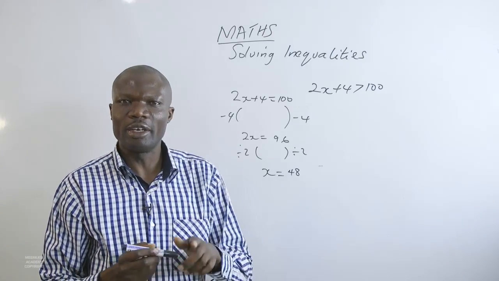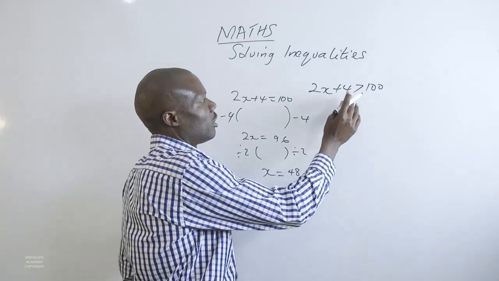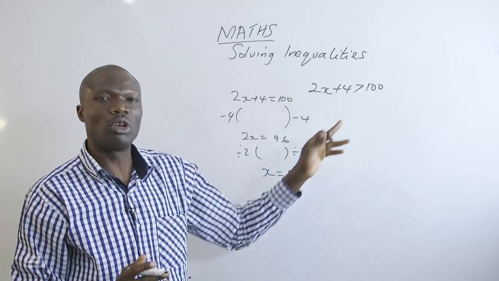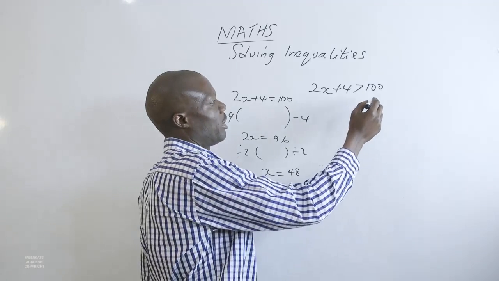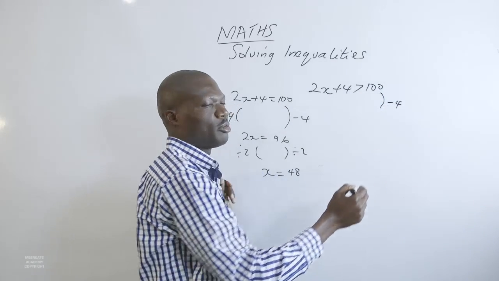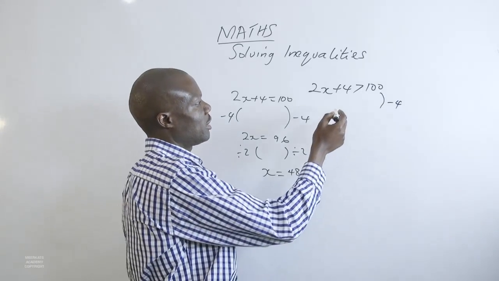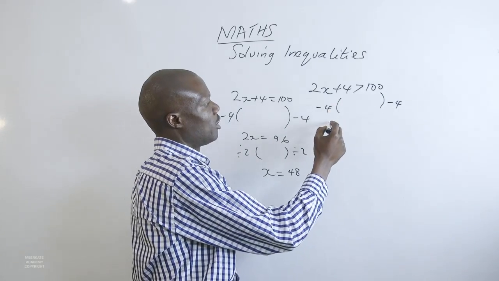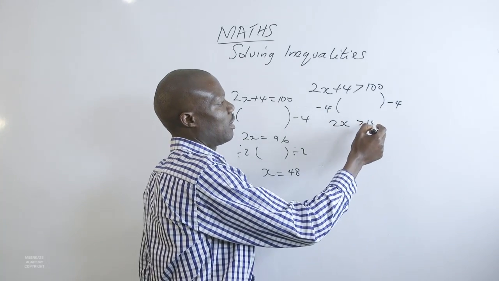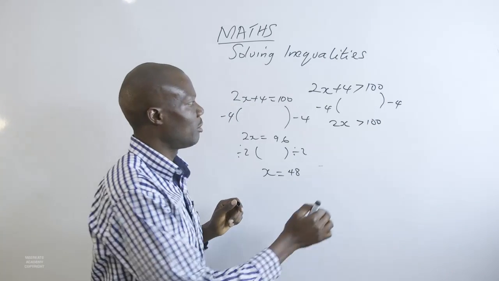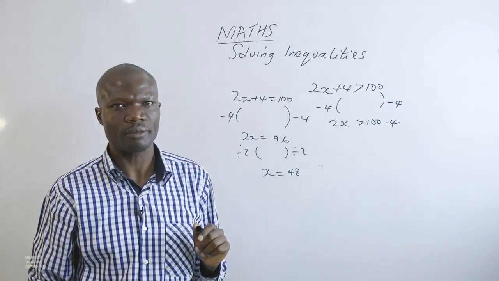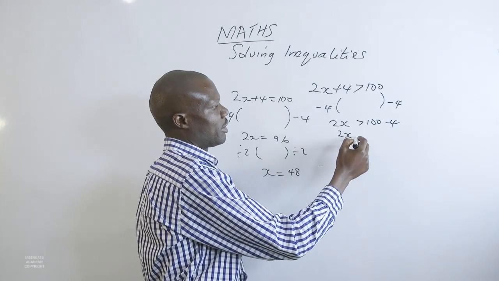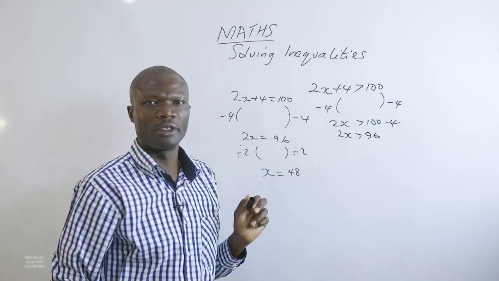For this other side, we have to maintain the inequality. So the procedure remains the same, but the inequality sign is observed clearly to remain the same. So the first part, we subtract 4 on the right-hand side, subtract 4 on the left-hand side. We remain with 2x is greater than 100 minus 4, which is the same as 2x is greater than 96.